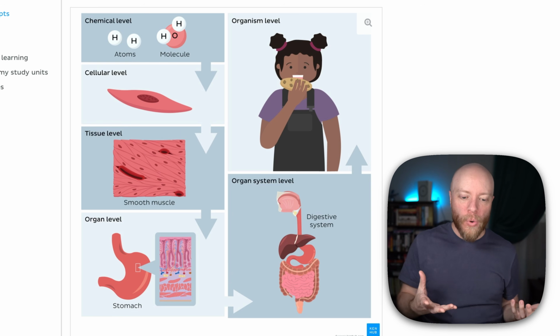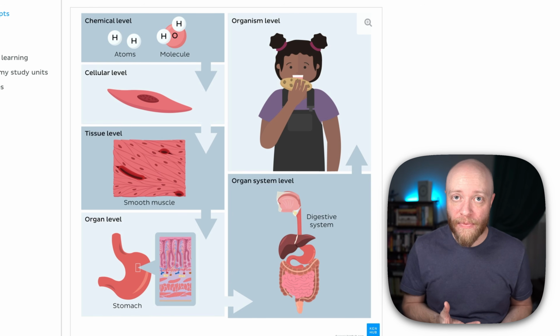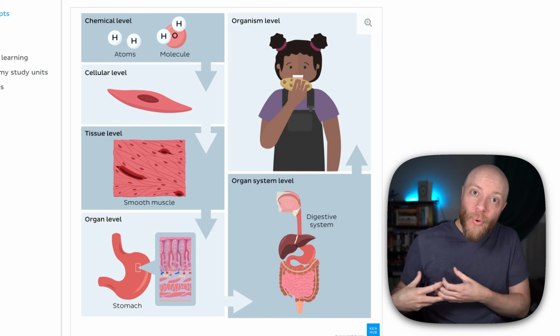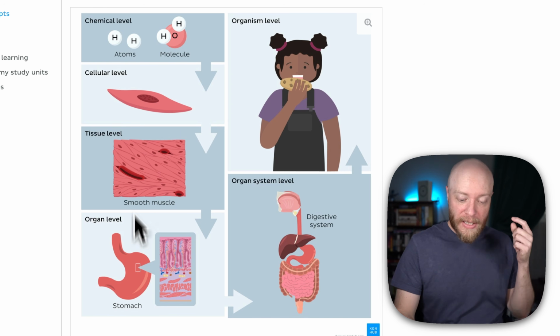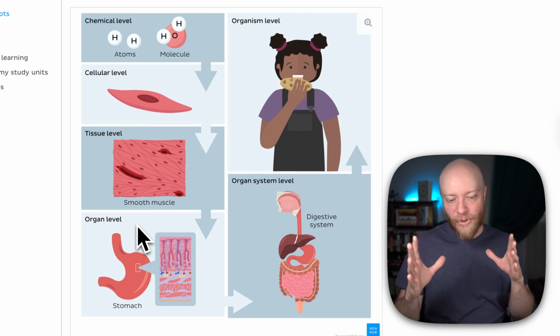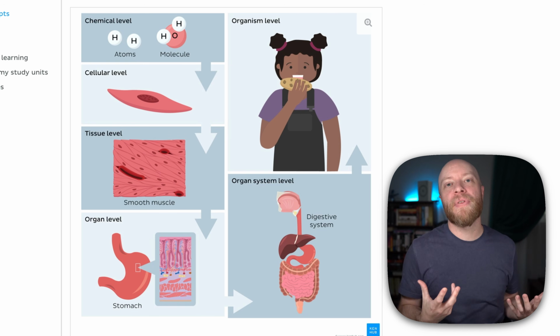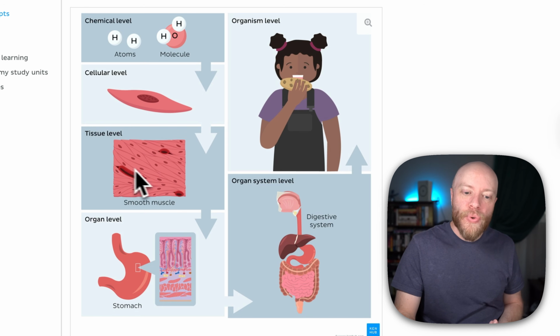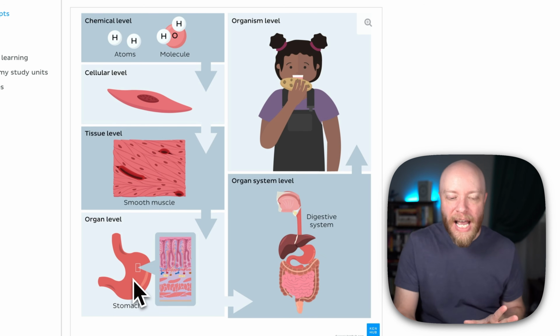Because the stomach's goal is not only to break down food. It's also to move the food around. There's even some absorption in the stomach. And so then you start to see that an organ is not this singular goal structure. It's going to have multiple things that it's carrying out at the same time. But what it has is tissues working together in order to achieve that set of goals. So I think you're probably starting to see how this is working, right?